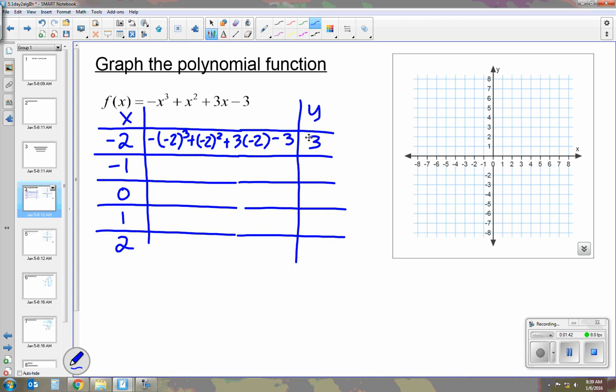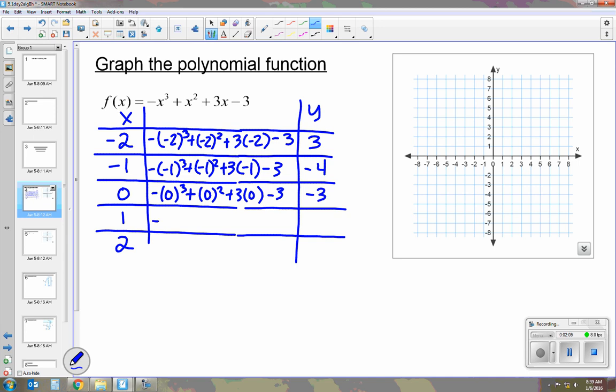This is going to give us 3. All right, our next one is our -1. Let's plug that in. And that gives us a -4. Let's plug in 0 next. That gives us a -3.